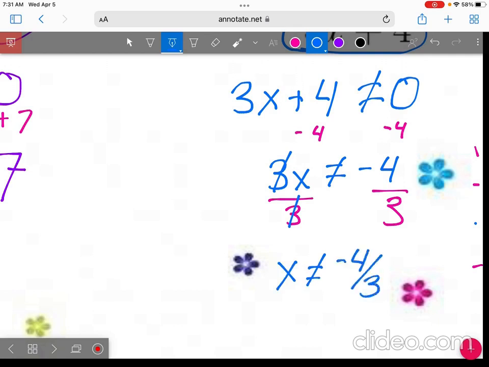X can be absolutely anything else in the existence of the universe. The only time it makes my denominator freak out is when x is negative 4/3. It could be negative 2, it could be negative 3, it could be negative 5/3. It could be 4, it could be 5 million. The only time the denominator is going to give me an error is when x is negative 4/3.